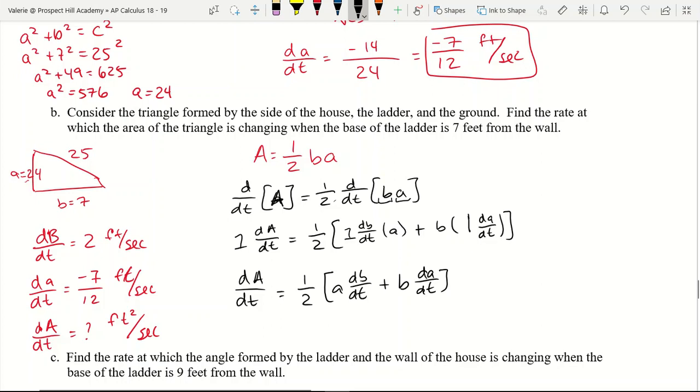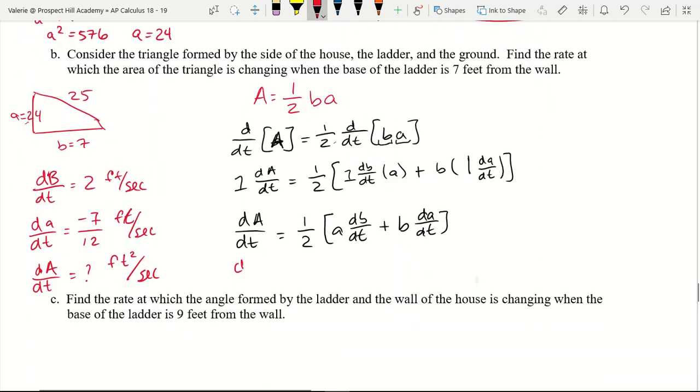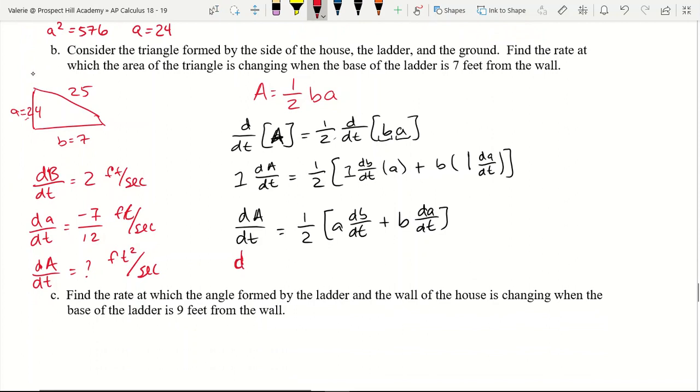Okay, so now when we substitute everything that we know, we'll get that dA/dt is equal to 1/2 times 24 times 2 plus 7 times negative 7 over 12.